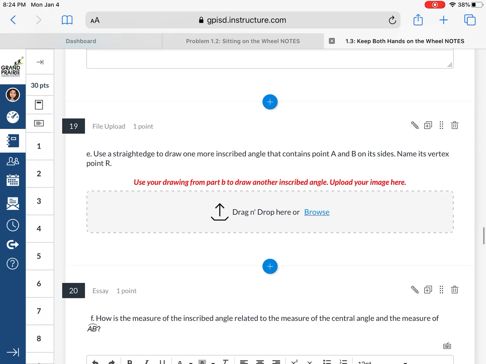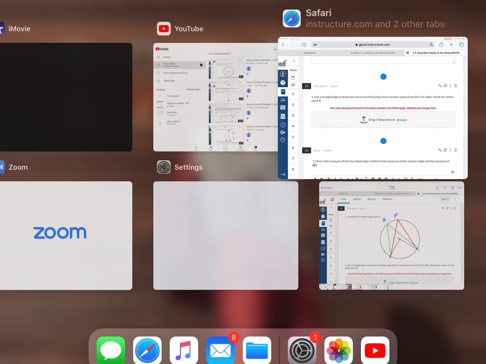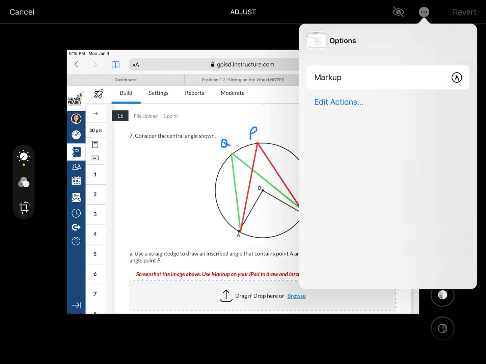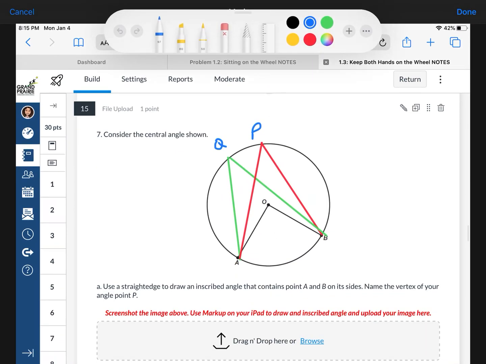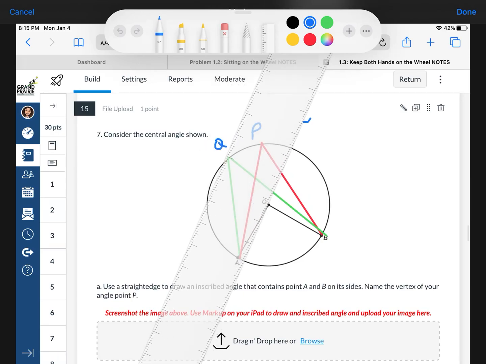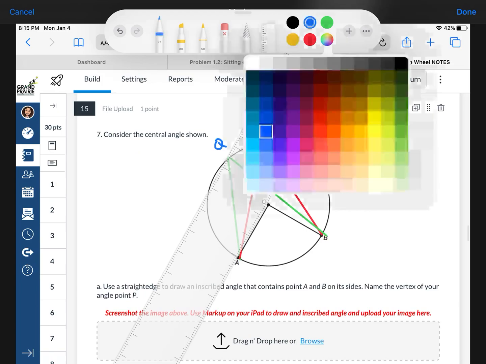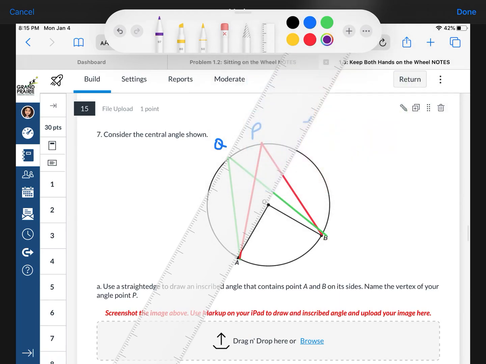Let's go ahead and draw one more inscribed angle that contains points A and B on its sides and name its vertex R. We're going to do this one more time, just to make sure you really understand this concept. I'm going to draw it over here. Let's make it a different color. Let's make it purple.